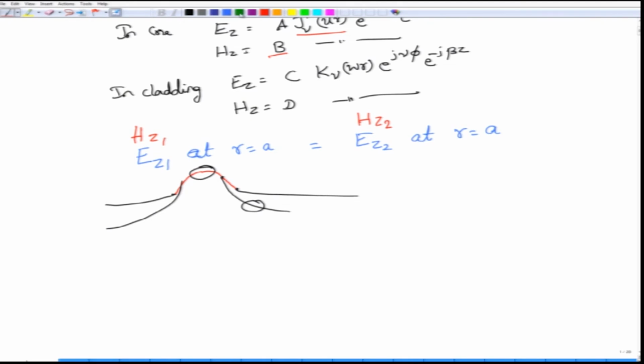You also get two additional constraints. One is that E phi 1, which is the angular component of the electric field at R equal to A, must also be equal to E phi 2, which is the angular component of the electric field at R equal to A.